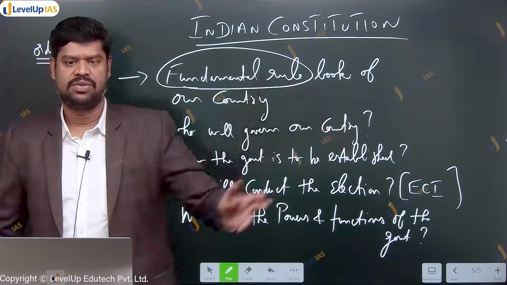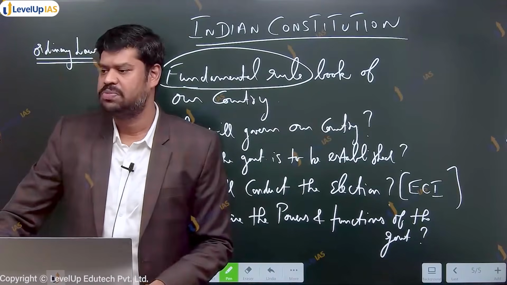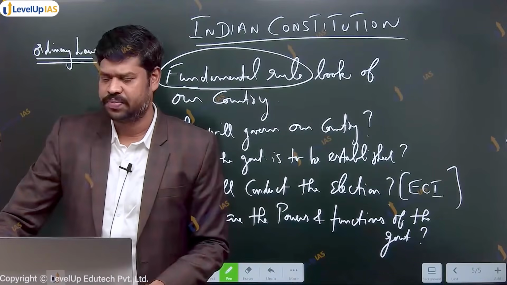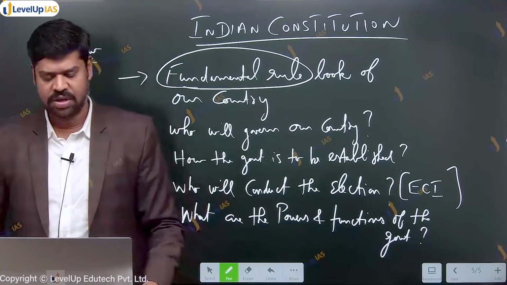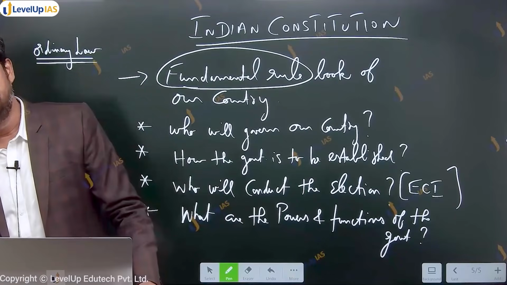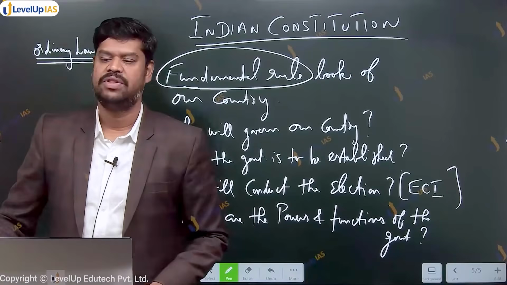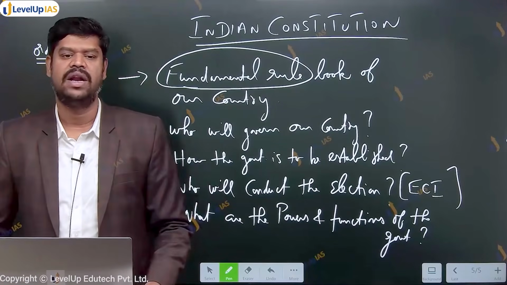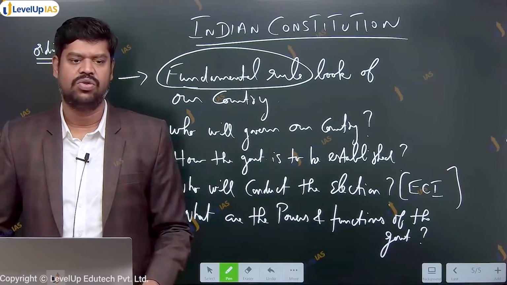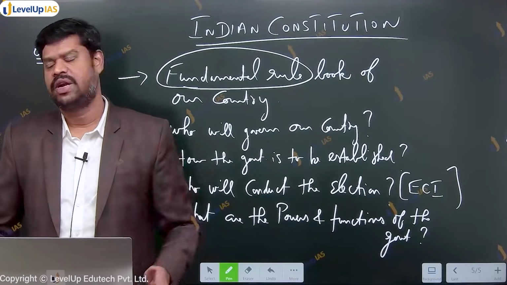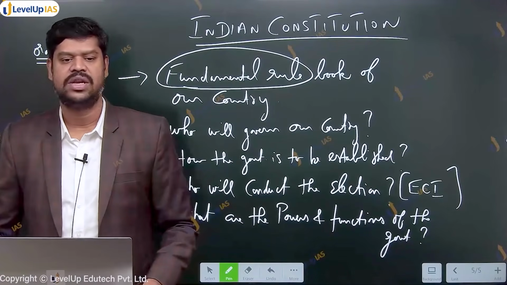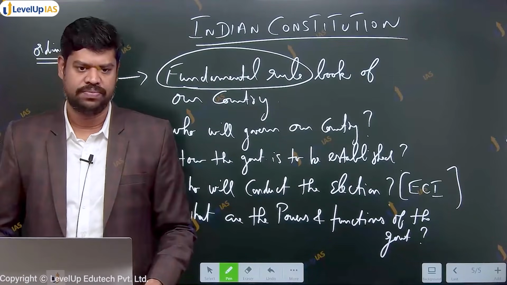Similarly, in the states, what are the houses which are part of the state legislature? In the states, what are the houses? Okay, Vidhan Sabha and Vidhan Parishad. But not mandatorily, as not all states will have two houses. The English translation of that is Legislative Assembly and Legislative Council.